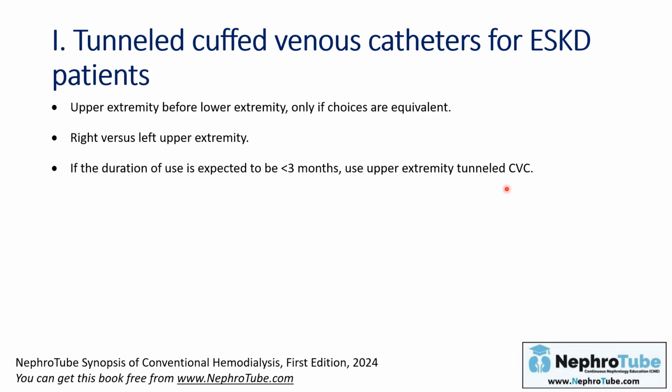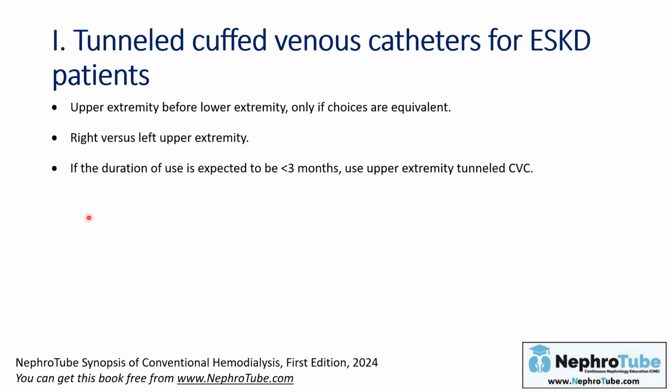If the patient is anticipated to have AV access within these 3 months, use an upper extremity central venous catheter in the opposite arm to the anticipated AV access arm.